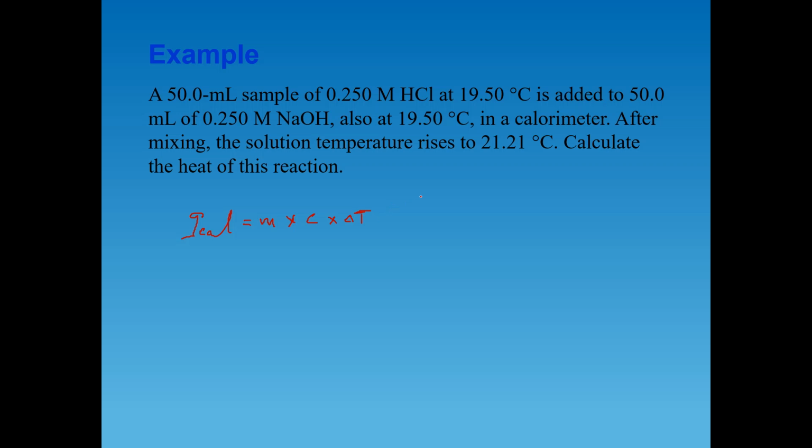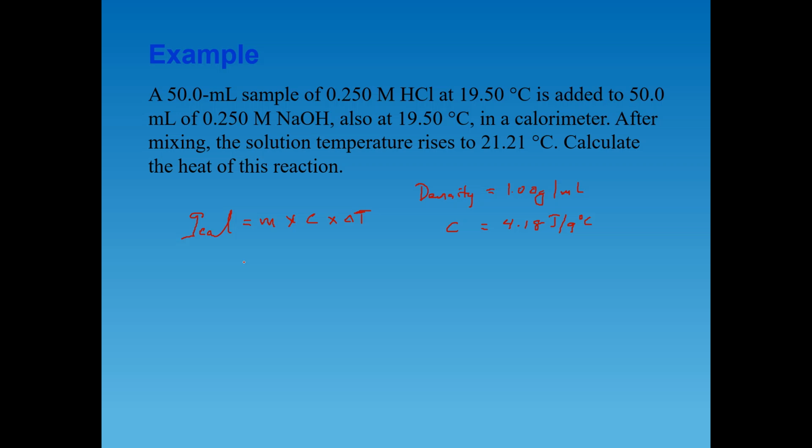For one, we're going to assume that the density of the solution is the same as the density of water, which is 1.00 grams per mL. Another assumption is that the specific heat of the solution is the same as the specific heat of water, which is 4.18 joules per gram degree Celsius. Those are two assumptions we can make in order to solve this problem.